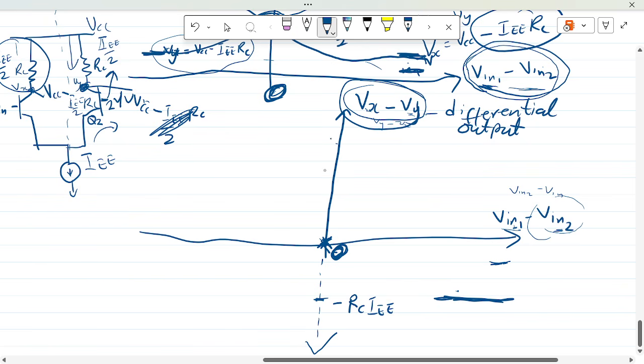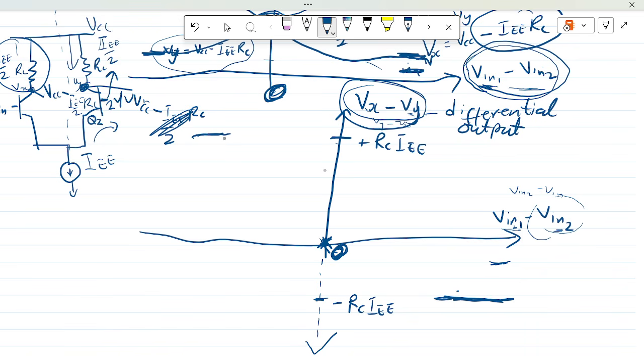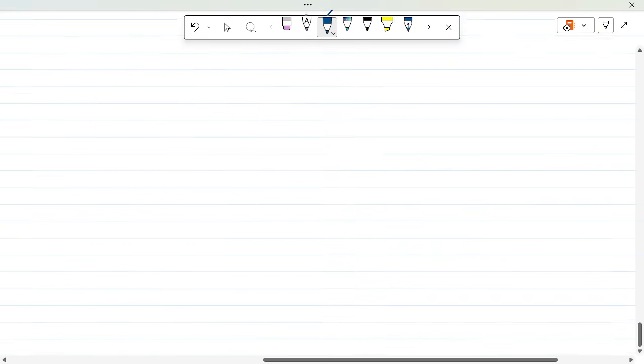So this value here, let's say, is positive RC IEE, and that's going to be what we are going to have. So I can just try and join them. Not really sure what happens here, that's quite gray, but from the look of things, this is what I was able to come up with.